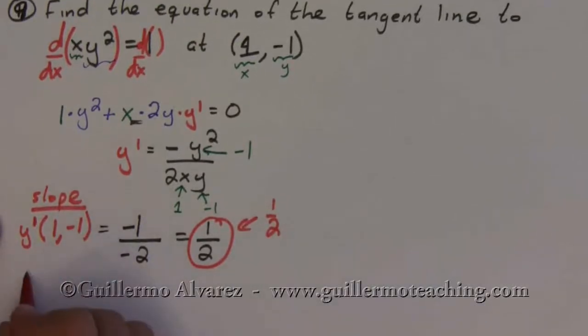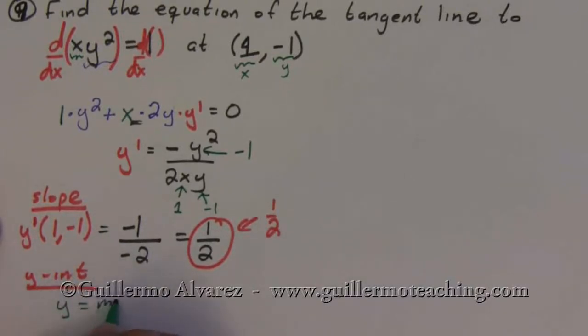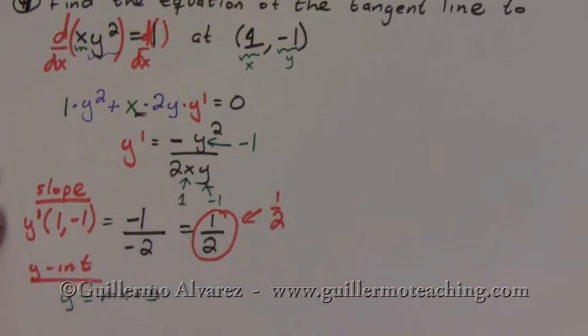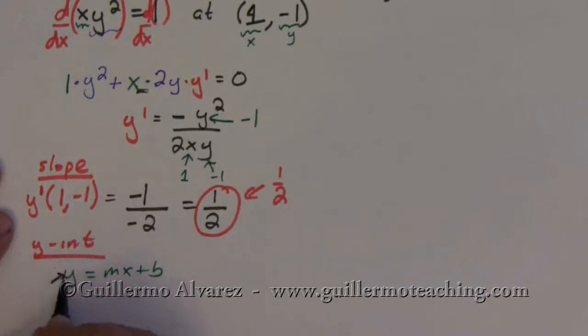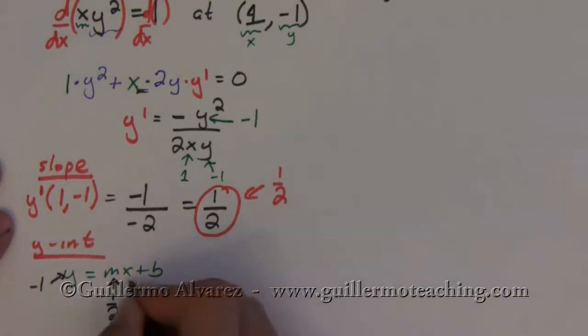Okay, and then the second part is I need my y-intercept. And so I have my equation of a line, y equals mx plus b. And I write down what I have. So far what I have is that y is equal to negative 1, my slope is equal to 1/2, and the x value is equal to positive 1.